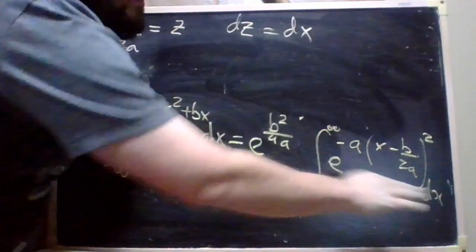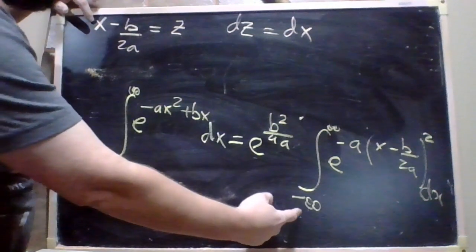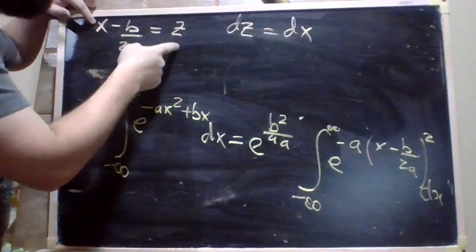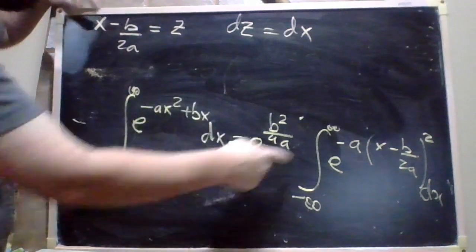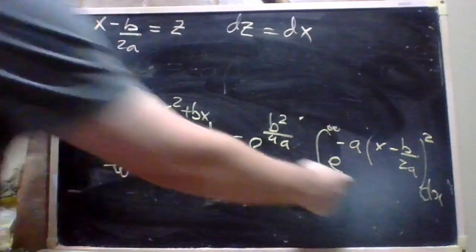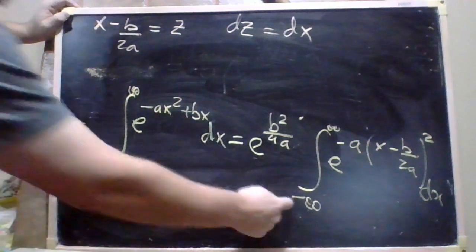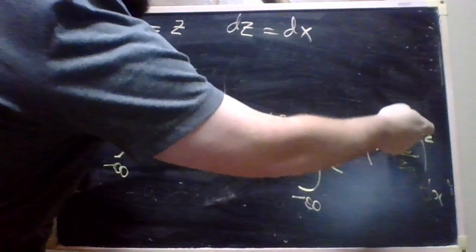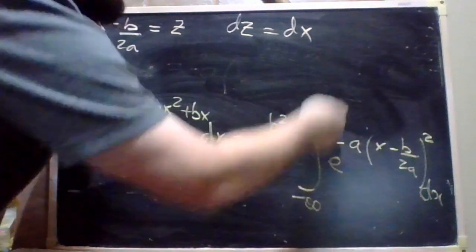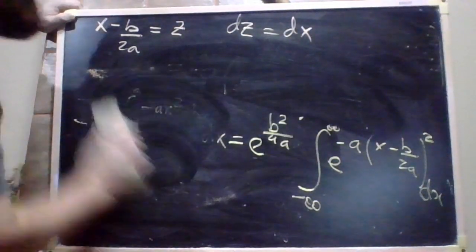So the differentials are equal, and the limits, when you plug in x equals minus infinity, it's just a finite numerical value, so z is equal to minus infinity. And when you plug in the plus infinity here, z goes to infinity. So this integral here goes to just the same limits, but you need just to remove this thing because it's symmetric. It's just a finite value, and you are integrating this from minus infinity to infinity. So you change variable. All right.